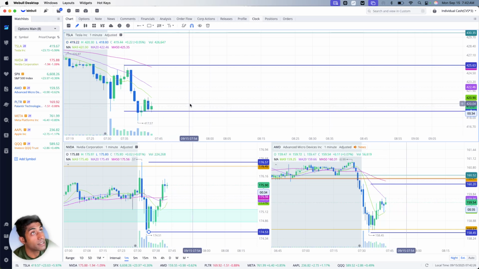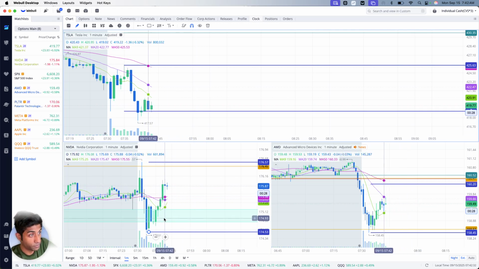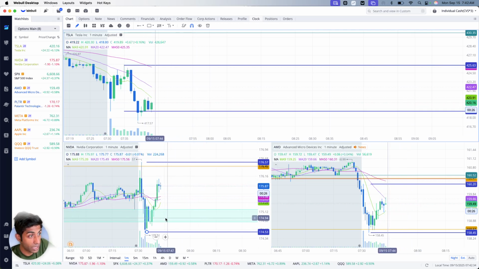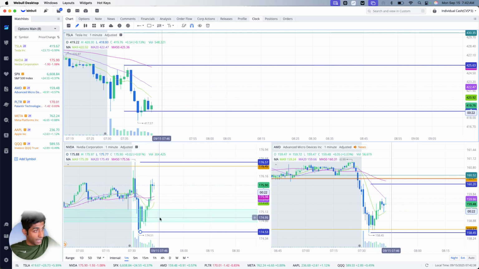AMD, Tesla, and Nvidia all bounced off that bottom 5 minute candle. It did test this gap again.